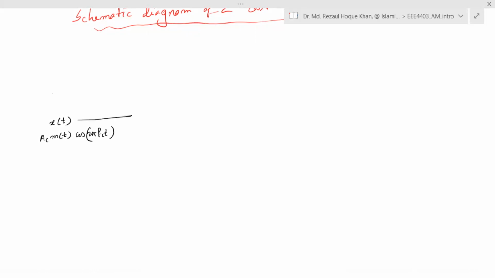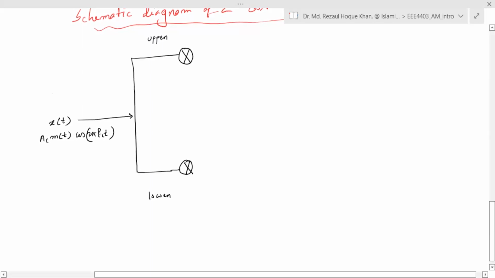So the received signal is divided into two parts. Each of the parts goes to a demodulator. Okay, for example, this is the upper part and this is our lower part.